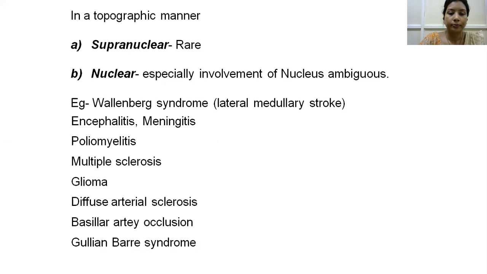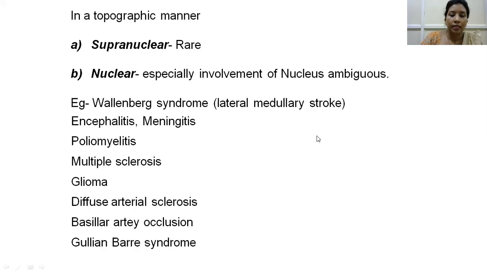To begin with, the causes of vocal cord paralysis other than the idiopathic causes will be supranuclear, above the level of the nuclei, which is very rare. Nuclear causes mainly involve the nucleus ambiguus. We have read about this. This is the major motor supply.